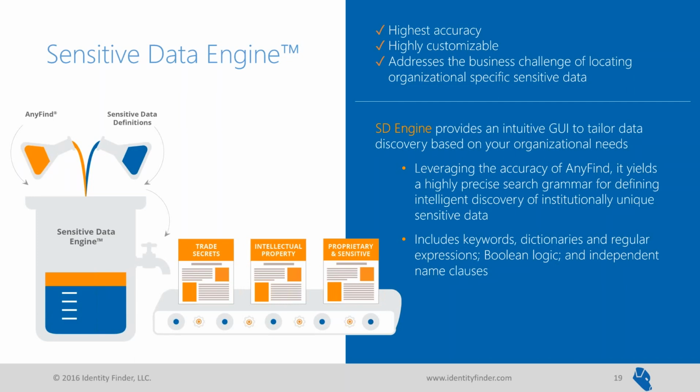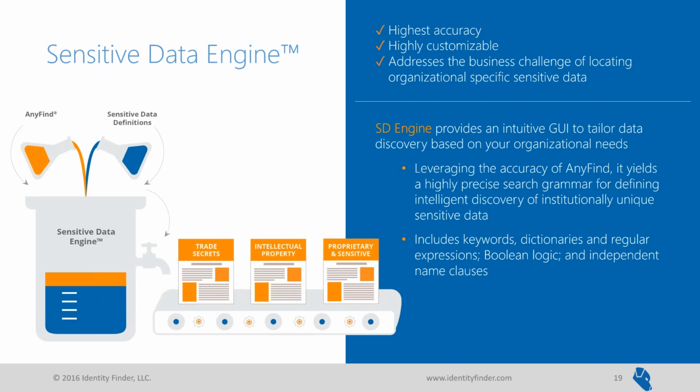So social security numbers are a standard data type. Anybody can find a 9-digit number, but we were the ones who came up with all the validation algorithms and figured out a way to reduce that false positive overload and increase accuracy to be as highly precise as possible.